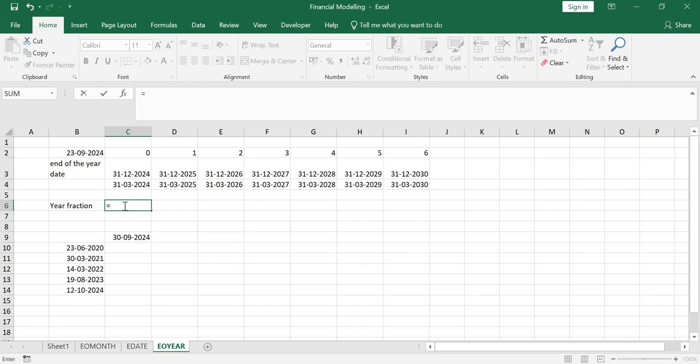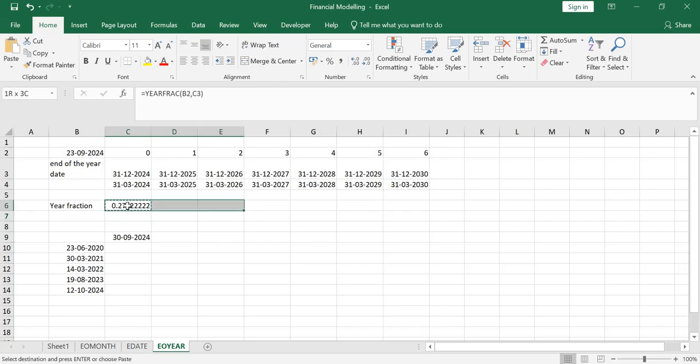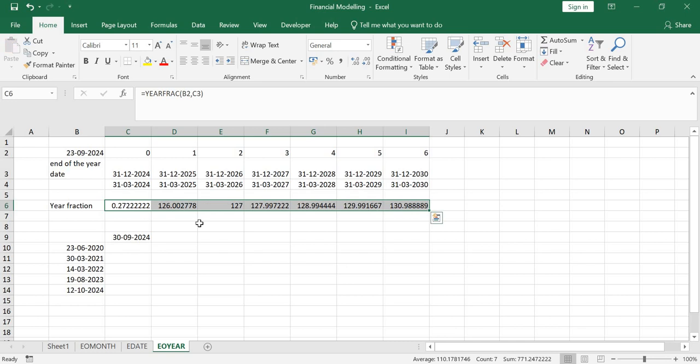So I'm going to use the year frac command, and I want the difference between this date, comma, this date, and enter. Now it means 0.27 years. I have to pay the interest for 0.27 years. Again, copy, shift, and enter.